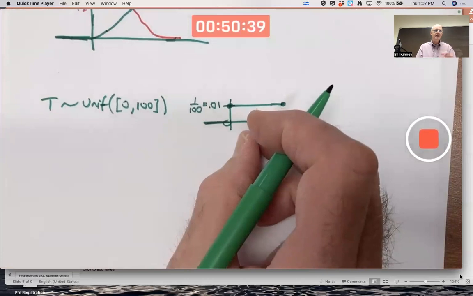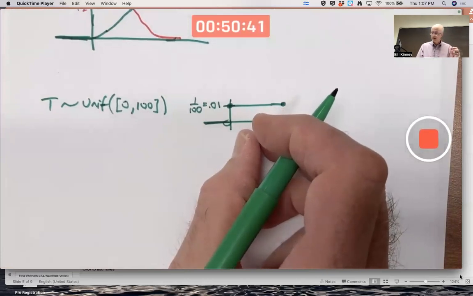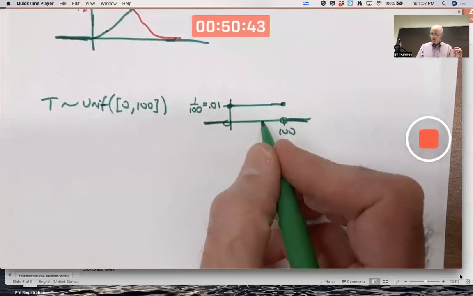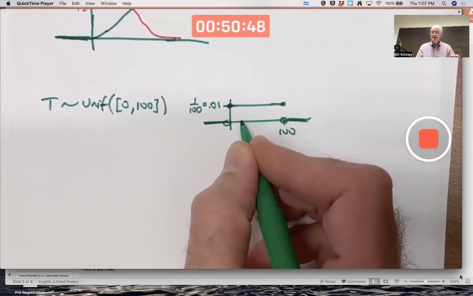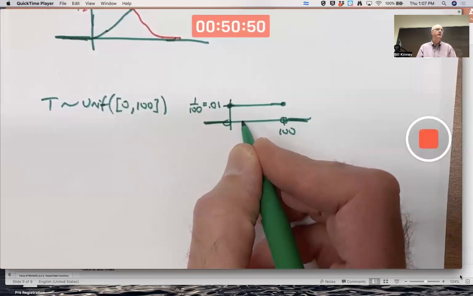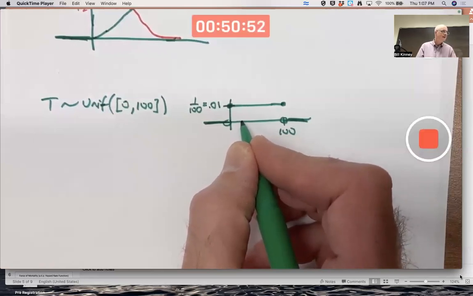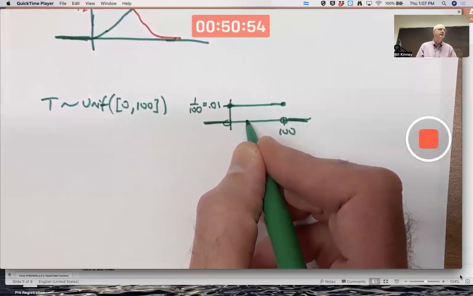For any given interval of a fixed length, like a length of 1, the probability that the variable is in that interval is the same. Like the probability that t is between 10 and 11 is the same as the probability that it's between 27 and 28, is the same as the probability that it's between 53 and 54.